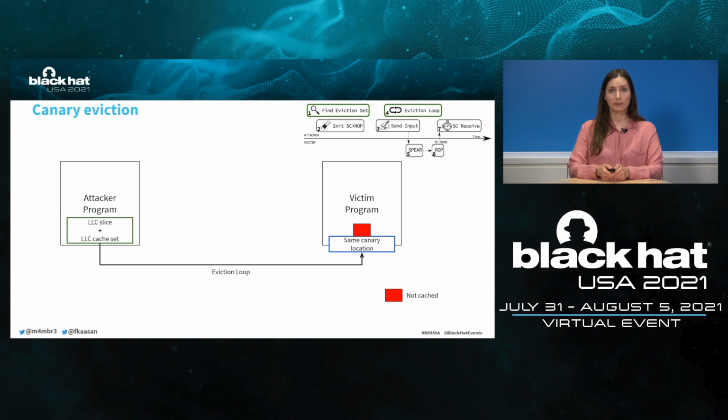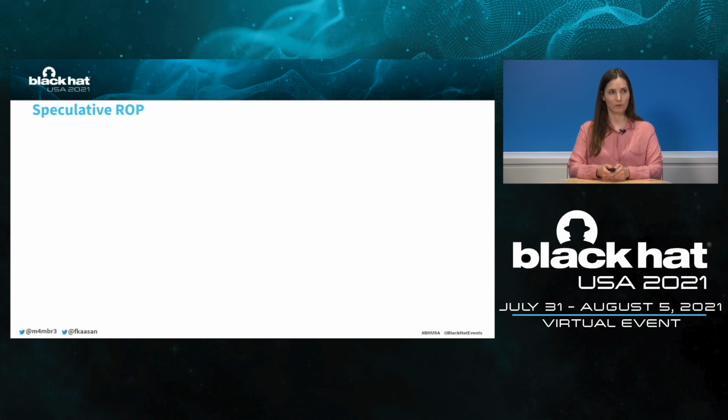To address the canary eviction, we came up with a novel approach of evicting victim data, because existing methods incur a high penalty on the ROP execution success. Our method has the advantage of being non-intrusive and noise-free compared to existing solutions.